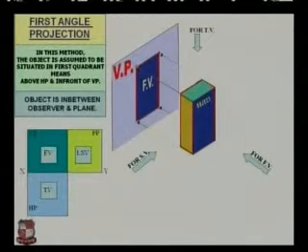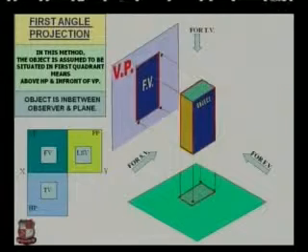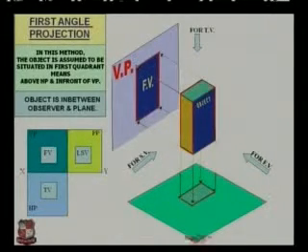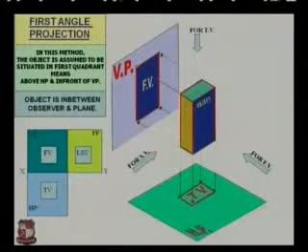Now, when the observer observes the top view of an object, the top view, which is indicated by the green color, is projected on the horizontal plane. It is a top view and it is projected on the horizontal plane.